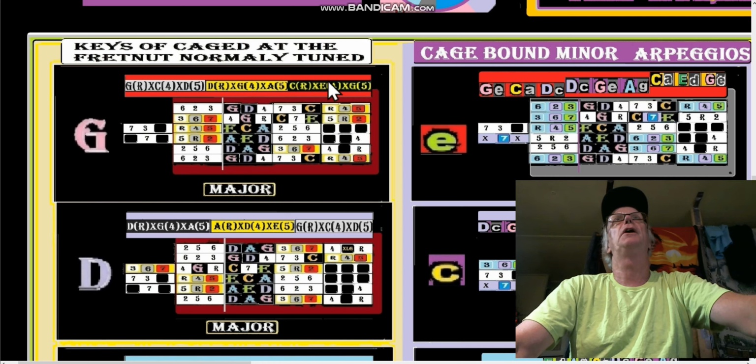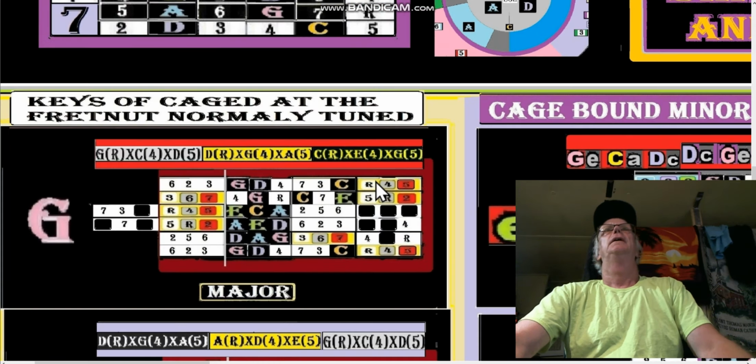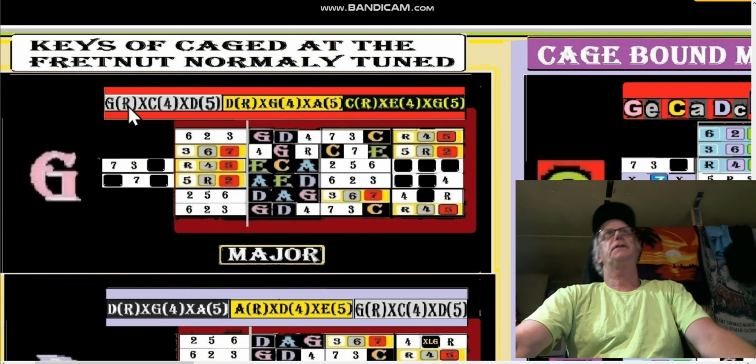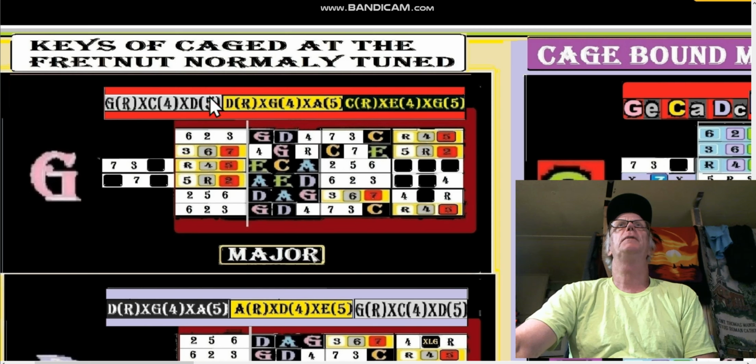But now it's a 3-note tri-pentatonic banner for the G box, and the length of the banner now is equal to the length of the box. So that's going to be helpful when we get to the fretboard up there, because you'll look for this banner and this will be the entire G box.